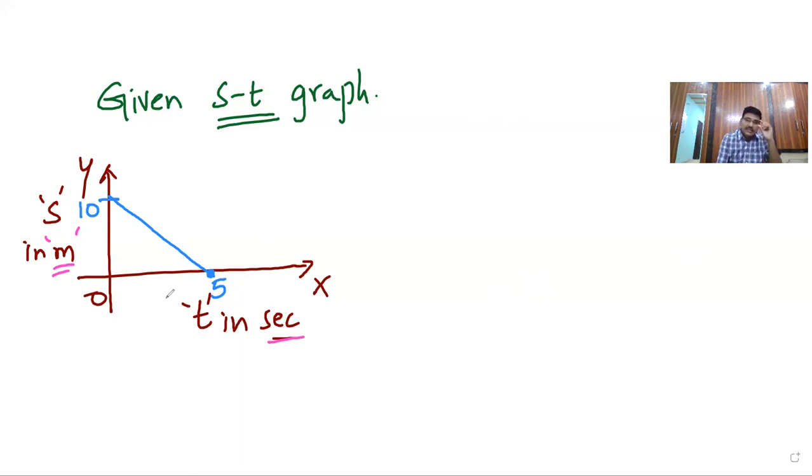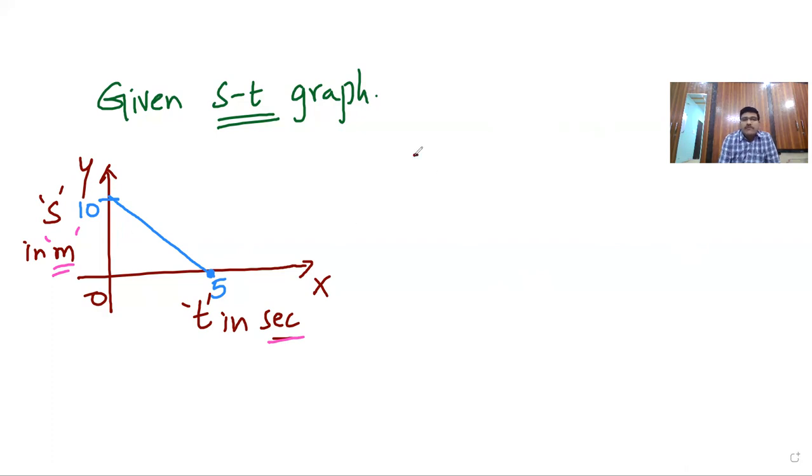Let us analyze the graph. If we observe, this is a straight line falling down. Now, what is the conclusion that we get?